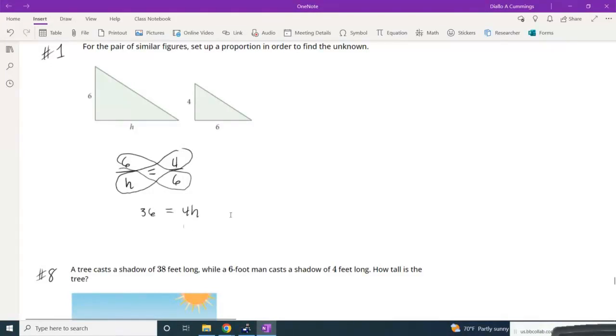So I'm going to divide both sides by 4. Notice on the right-hand side, the 4's cancel, and I'm just left with H. And 36 divided by 4 is 9. So the missing leg on this triangle, H, should be 9.